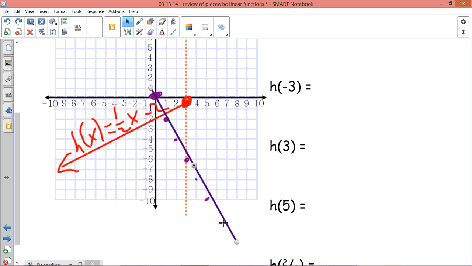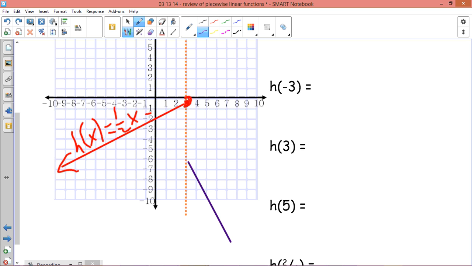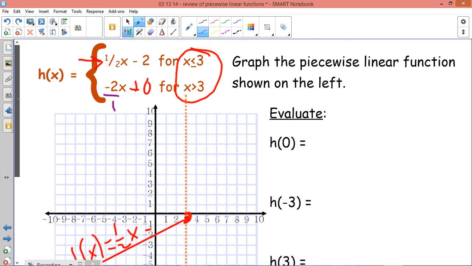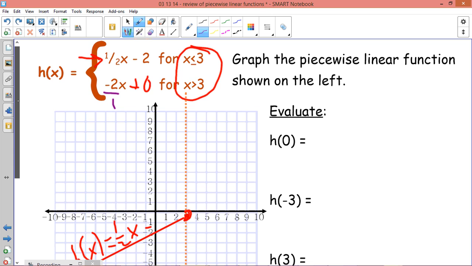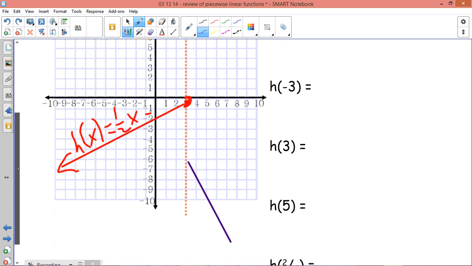I can't go to the left. So what I need to do is restrict this so that it only starts at this line. Okay, I'm going to erase all the points, and then all I need to do is figure out what kind of dot do I need? What kind of arrow do I need?